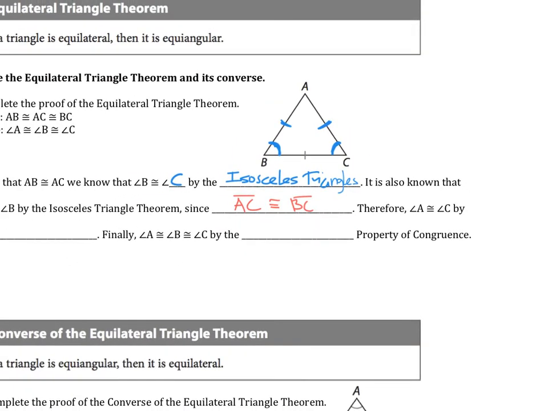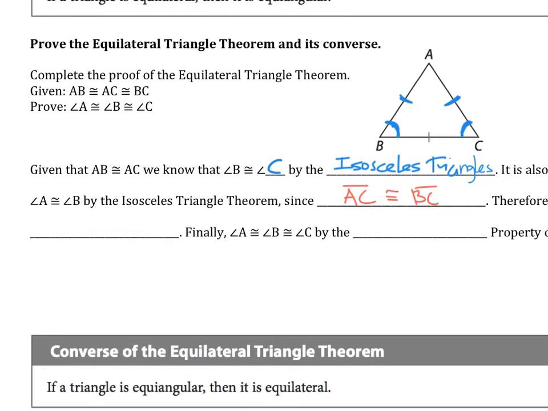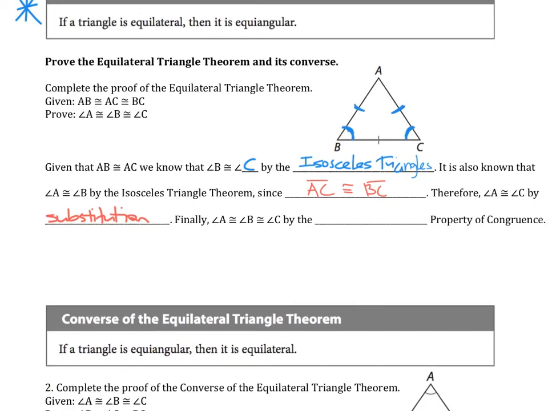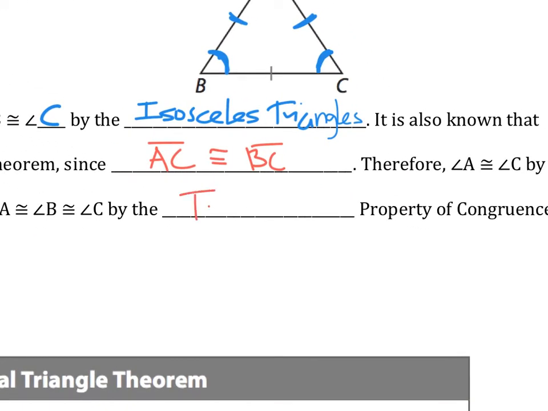Therefore, angle A is congruent to angle C by substitution, our good old pal substitution. And then finally, angle A is congruent to B, which is congruent to C by the transitive property of congruence.